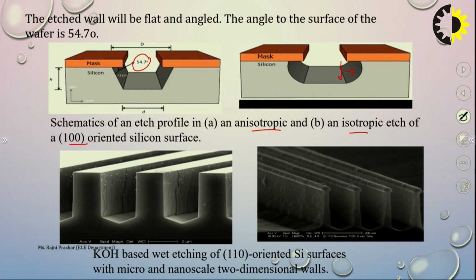So this is the example of isotropic when the 100 plane is etched. The second figure is the potassium hydroxide based wet etching, and these are etched at the nanoscale.